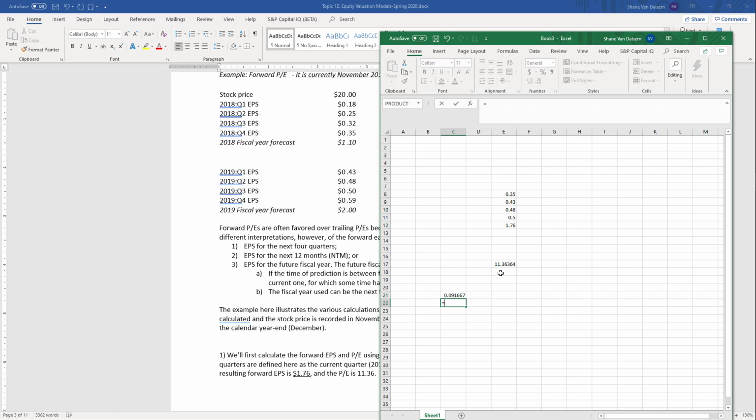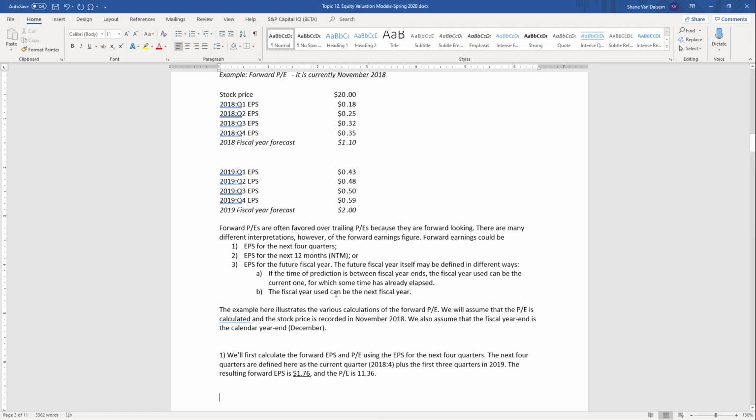And then in our second case, we're going to take 11 divided by 12 because 11 of the months in our year are from 2019 in the future. We're going to multiply that by $2 per share, which is the estimated earnings per share for that year. So the forward earnings per share in this case is 1.925.